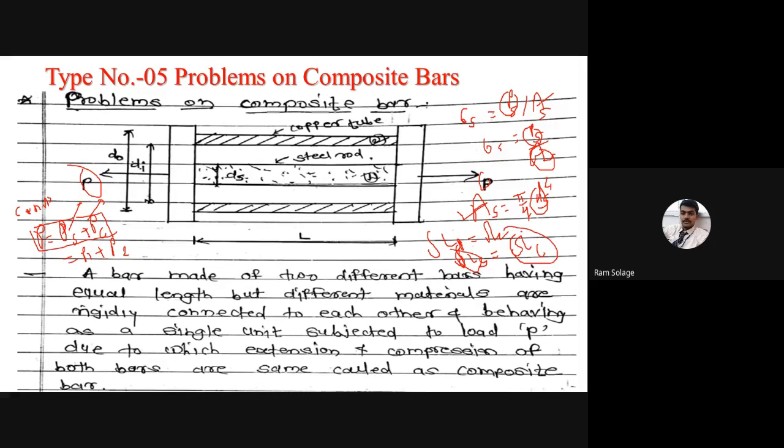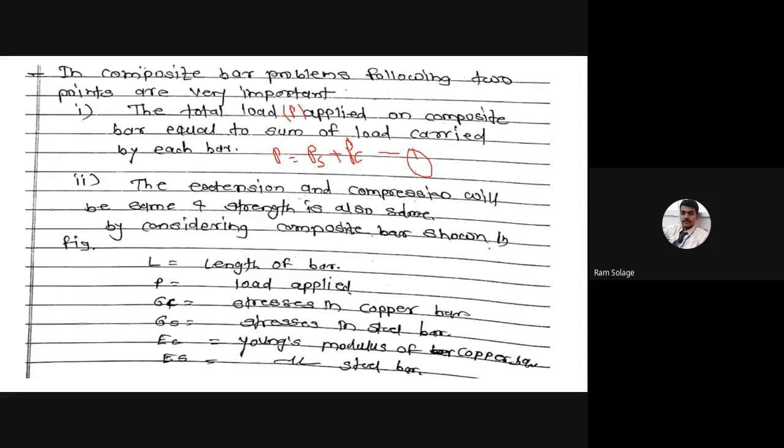Is it possible? Second sentence, write down the extension and compression. Extension and compression means what? Sometimes the length of the rod increases; at that time we can say it is extension. Sometimes the length of the rod decreases; that time we can say it is compression.